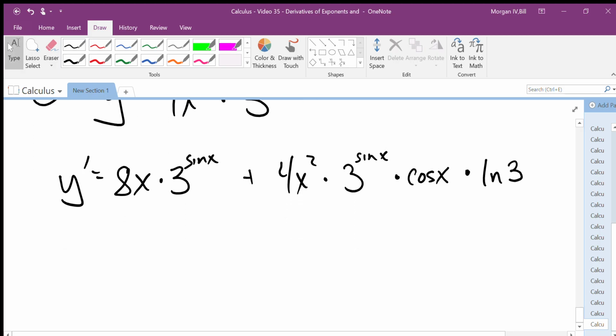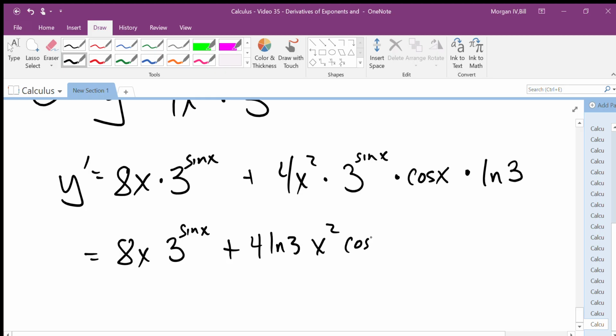And we get something like this. We get 8x times 3 to the sine x, plus 4 times the natural log of 3, times x squared, times cosine of x, times 3 to the sine x.